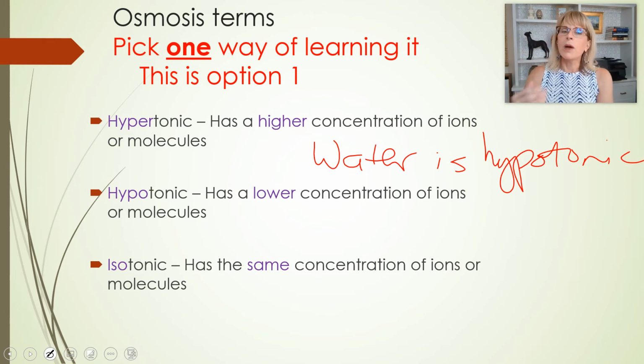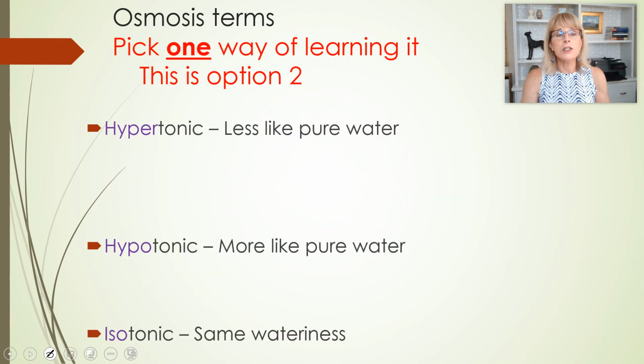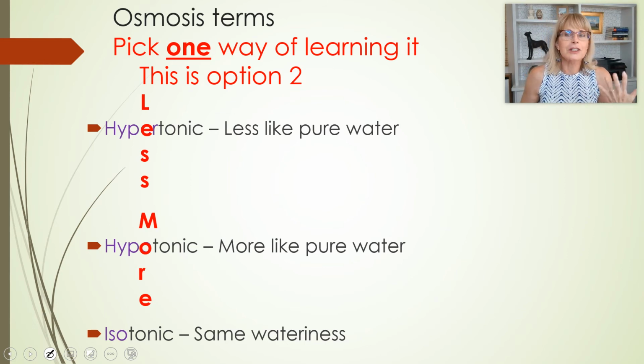But anyway, remember, water is hypotonic. And by the way, if you remember water is hypotonic, it's easier to remember that the hypotonic one is the one with the lower concentration of ions because water has no ions in it. And it's easy to remember that the hypotonic one is more like pure water because it is pure water. Okay?